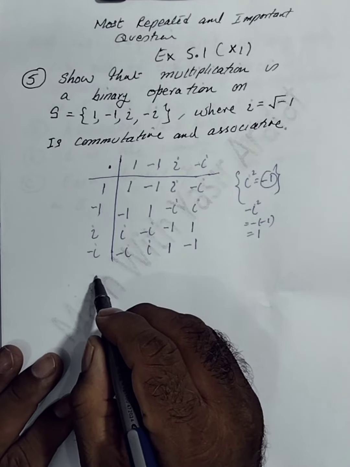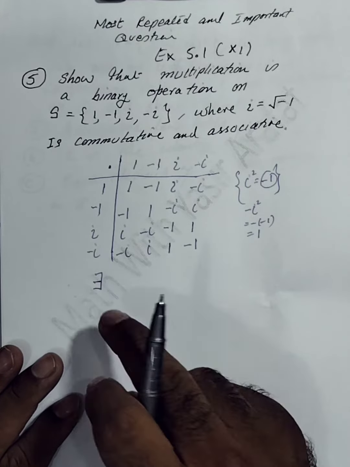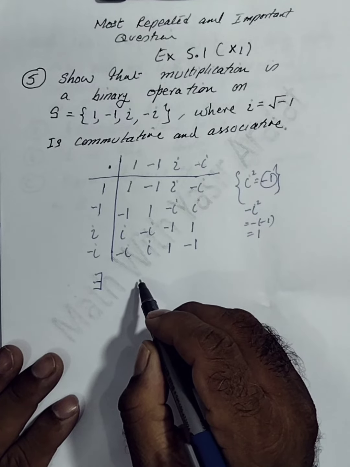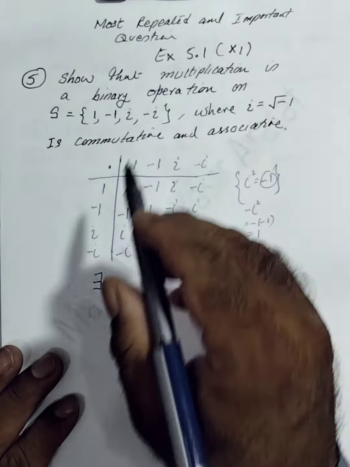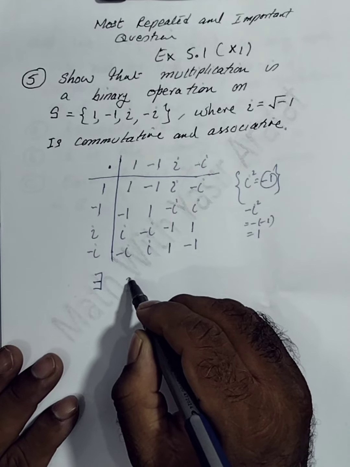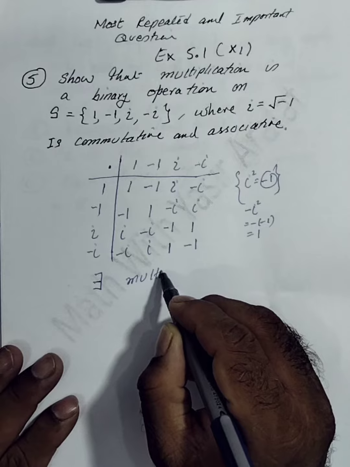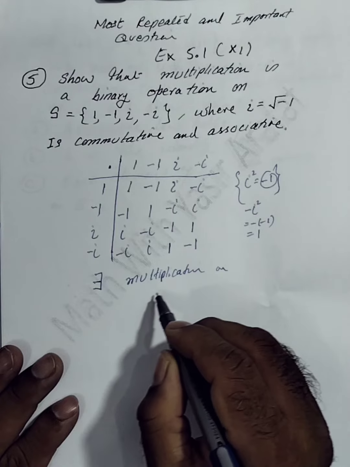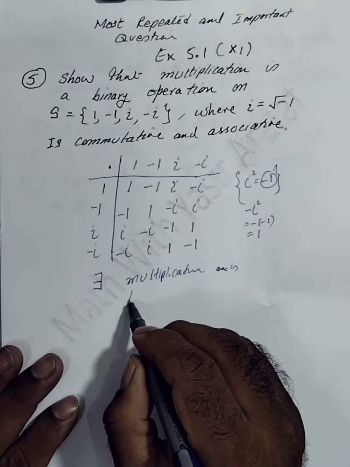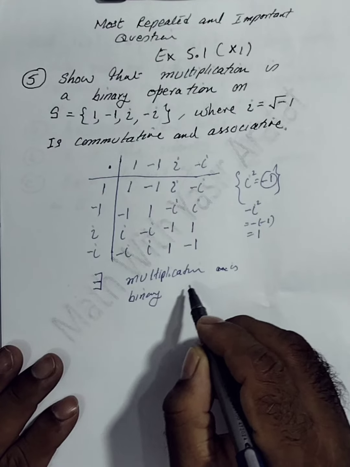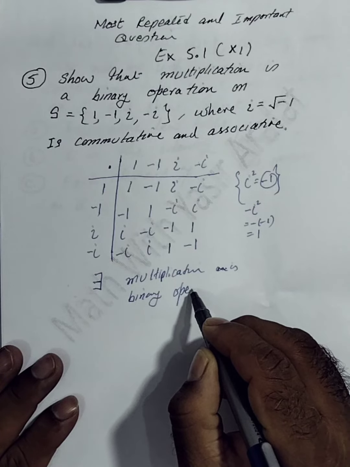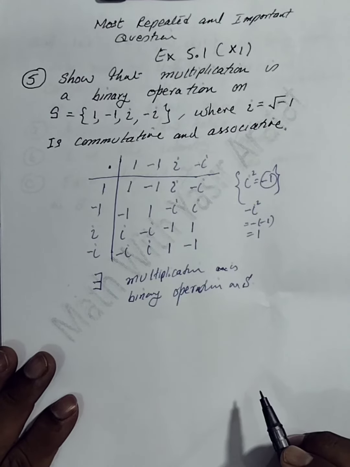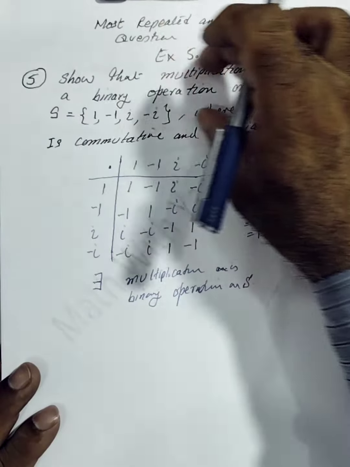So we can say that multiplication is a binary operation on S. The first part of the question is completed.